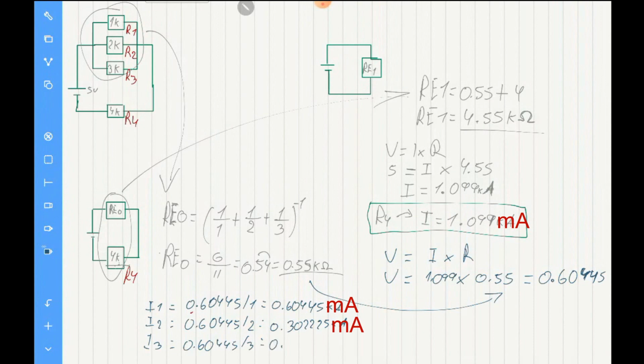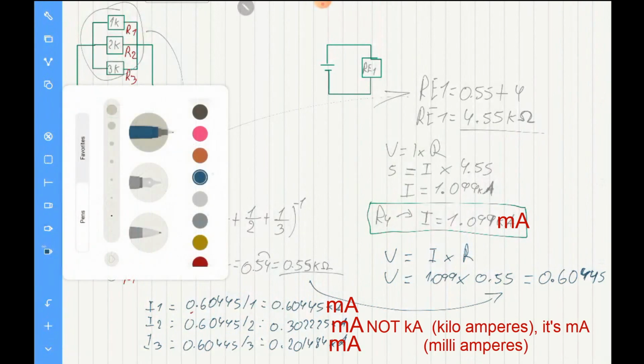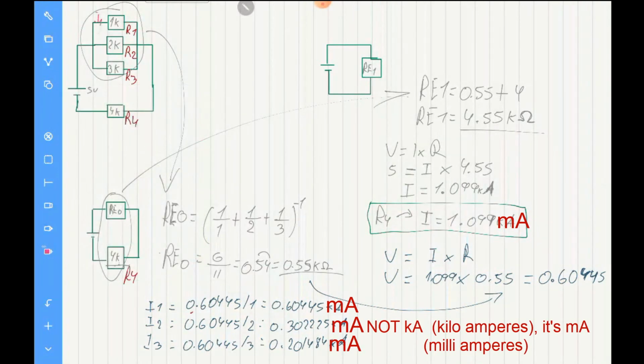The next one, 0.201484. Okay, done. I've got I1, I2, I3, I4, the main resistance, and the main current. That's the end of part 1. Of course, I1 is here, I2, I3, and I4. Don't forget it. Let's continue.